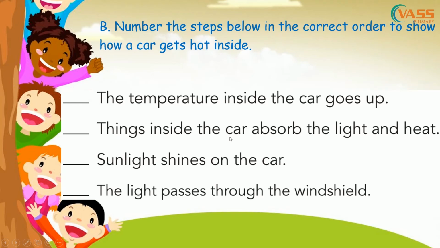Things inside the car absorb the light and heat. Sunlight shines on the car. The light passes through the windshield. Now, we'll take a moment and reread these and number them 1, 2, 3, and 4, from first to last.